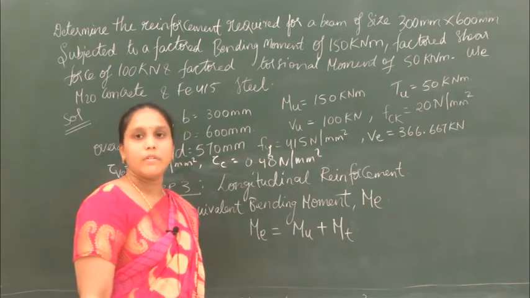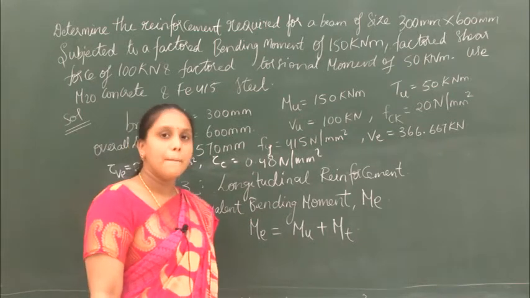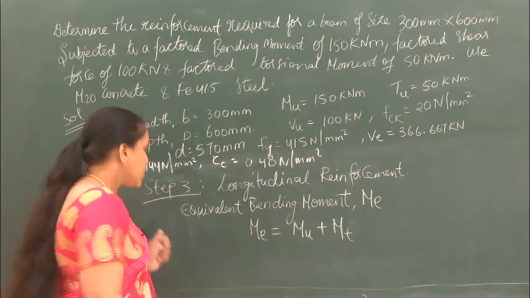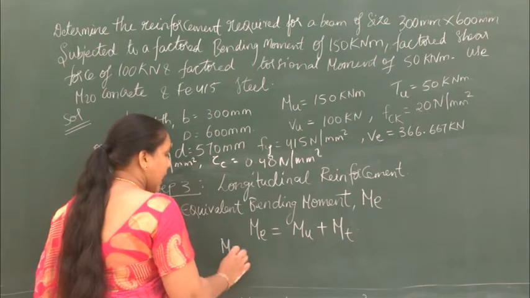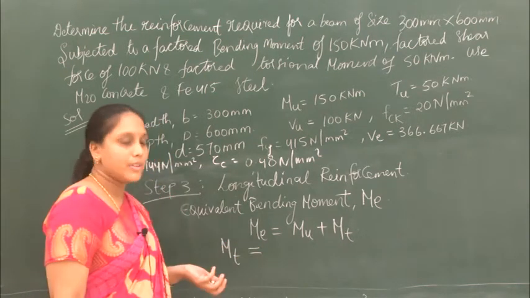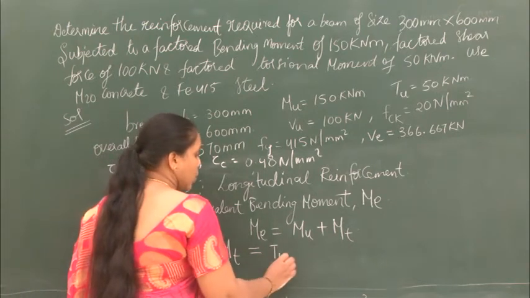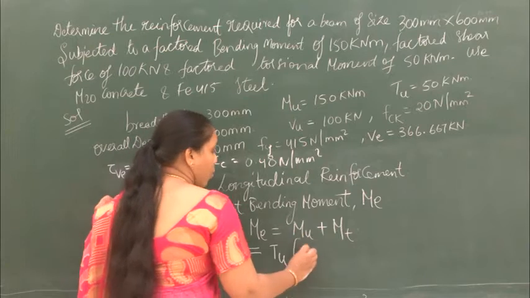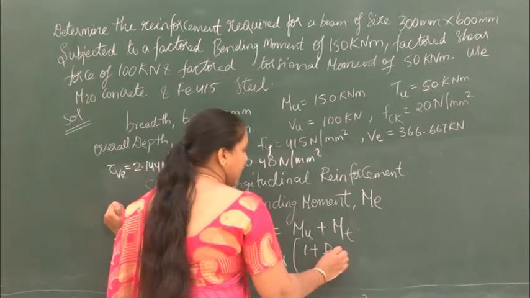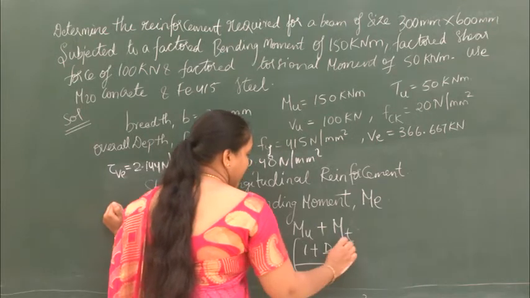But MT is not given here. So first we have to calculate the torsional bending moment MT. What is the formula for calculating MT, which is given in IS 456-2000? MT is equal to TU into 1 plus D by B divided by 1.7.